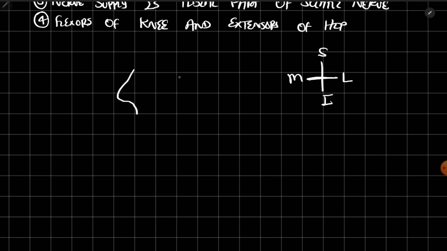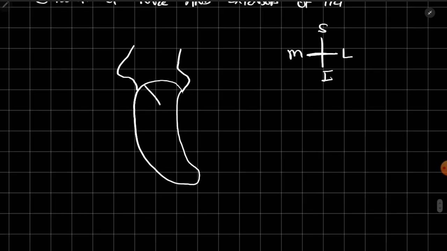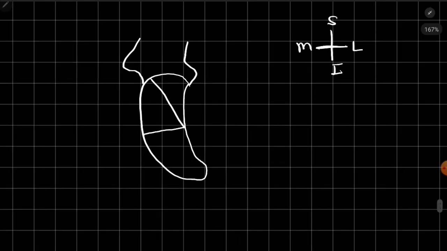So let me draw the ischial tuberosity first. Basically you should draw a comma shaped figure like this. So this is the right ischial tuberosity, and the orientation is superior, medial, lateral and inferior as given here. Then divide it into an acute angle, okay, and you are done.